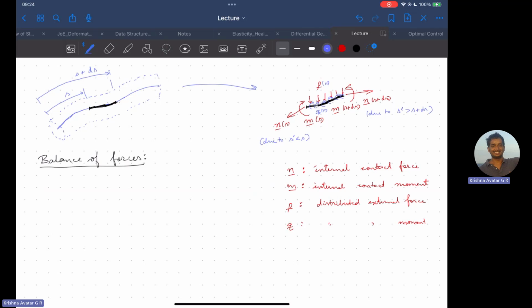So what we do is, we are looking at static balance, so we do not have any time coming into the picture. So we have n vector of s plus ds minus n vector of s. But you'll ask me why there is a minus there.